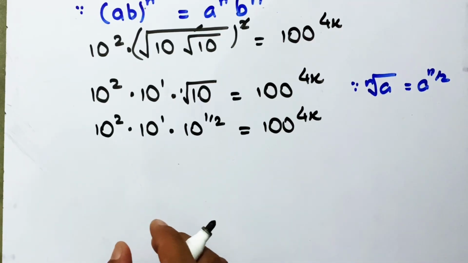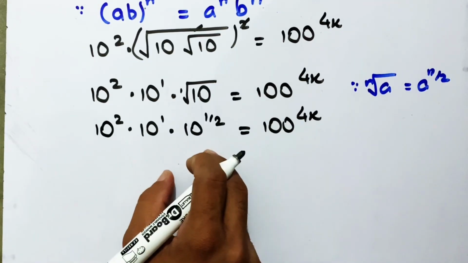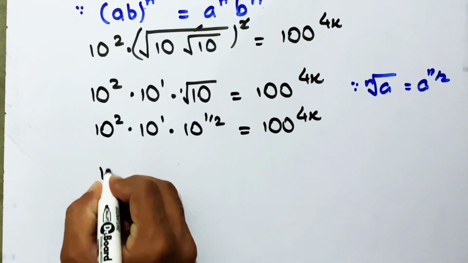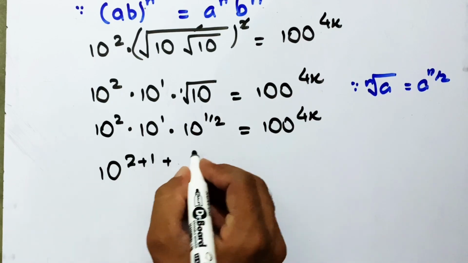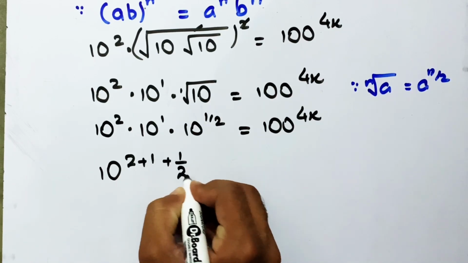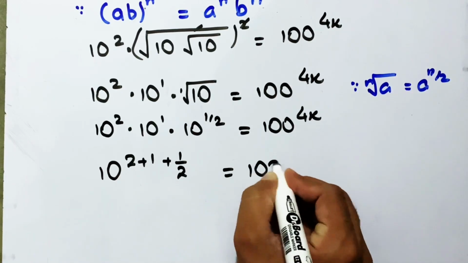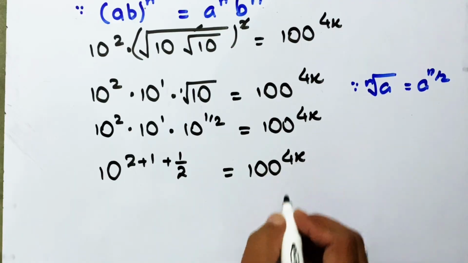Using the product of powers rule, we add the powers: 10 to the power of 2 plus 1 plus 1 by 2 equals 100 to the power of 4x.